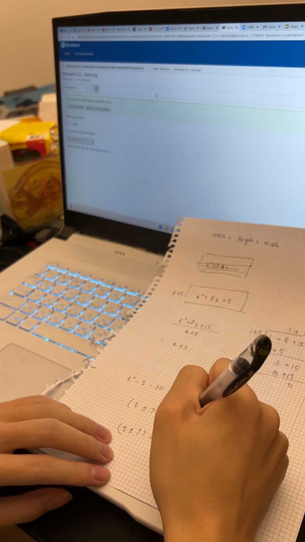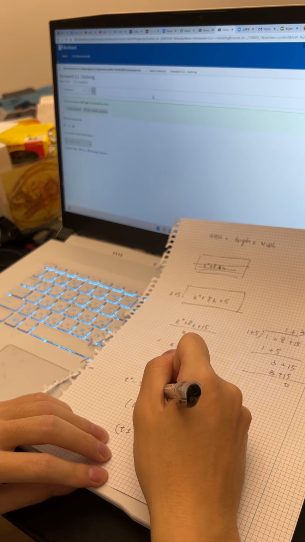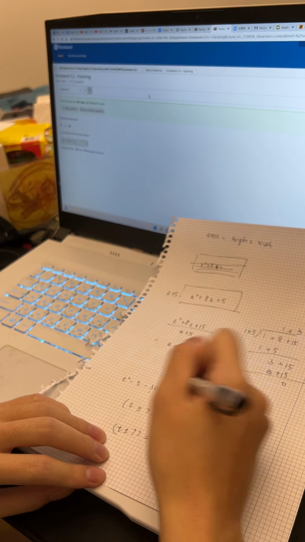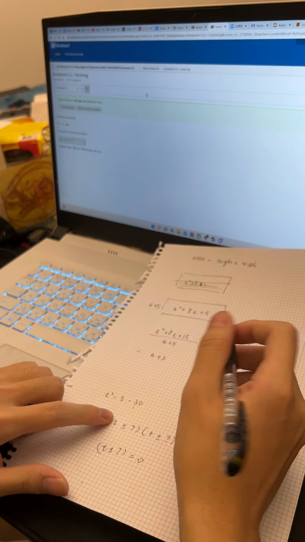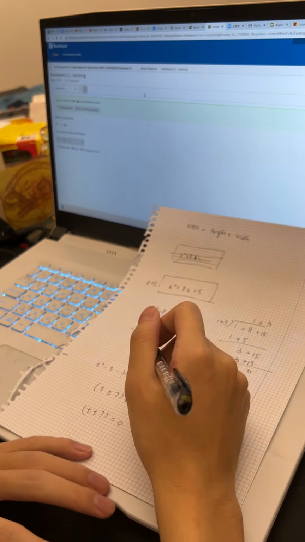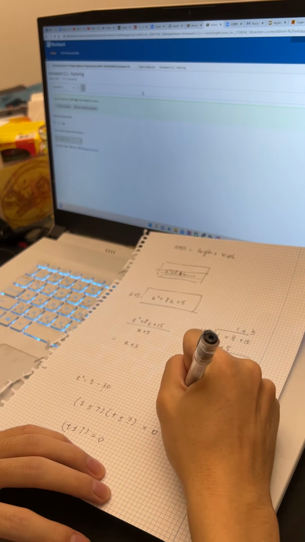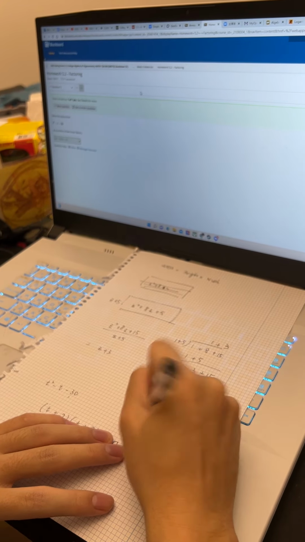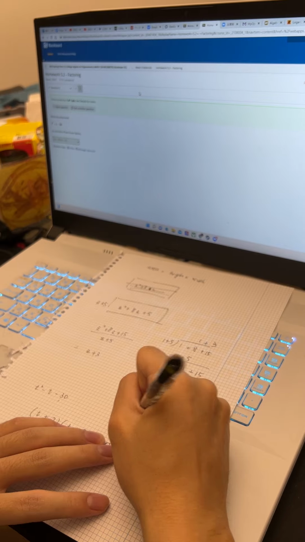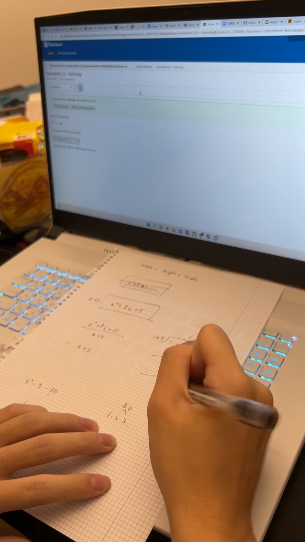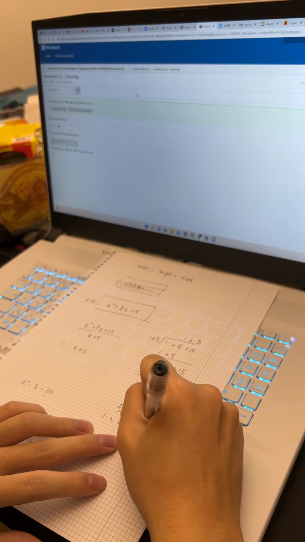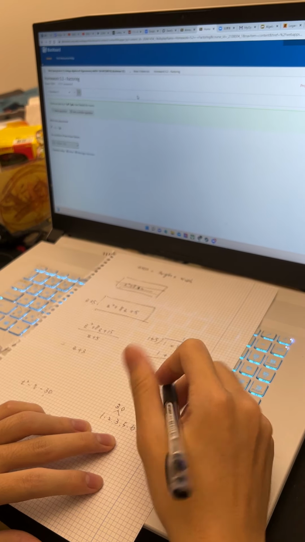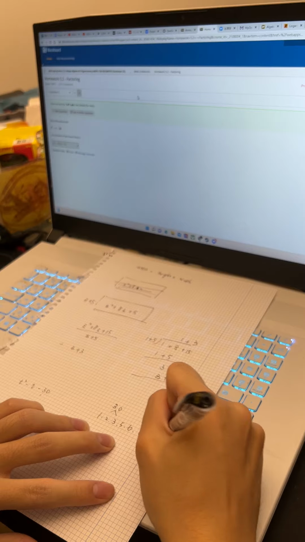So since this is 0, we're finding the factors of 30. And at the same time, for 30 we got the factors 1, 2, 3, 5, 6, 10, 15, and 30.